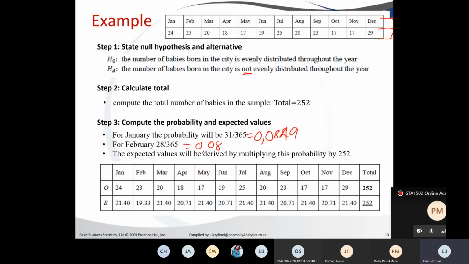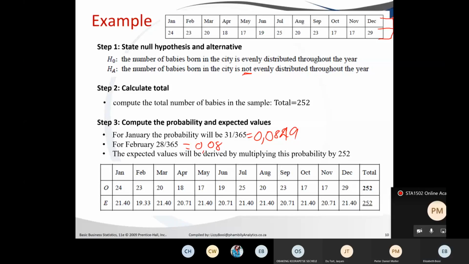So you will say your expected value, multiplied by 258 for 24, will give you 21.40, and you go on and you go on. March has 31 days. That is why all the values with 31 days, you will see that they are the same.